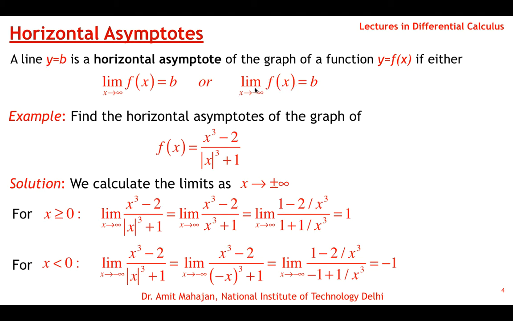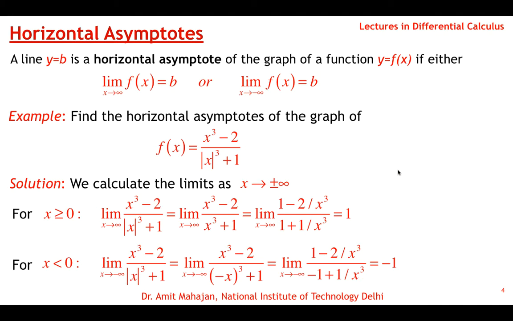Again by definition, if the limit value at minus infinity is b, then y is equal to b is a horizontal asymptote. Here the limit value is minus 1, that means y is equal to minus 1 is a horizontal asymptote towards minus infinity.